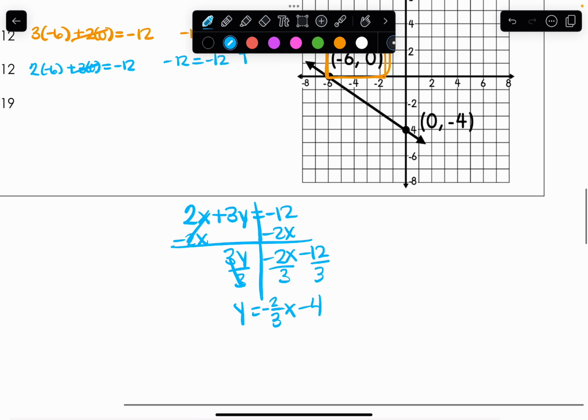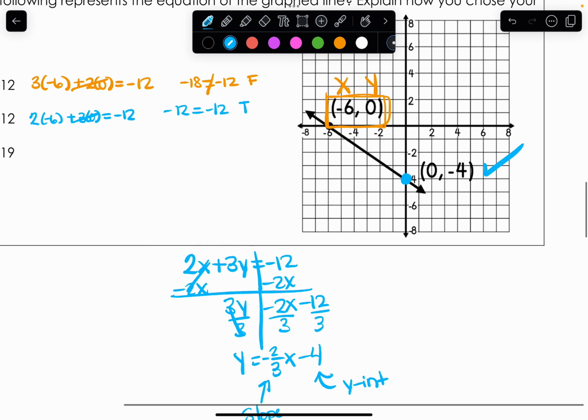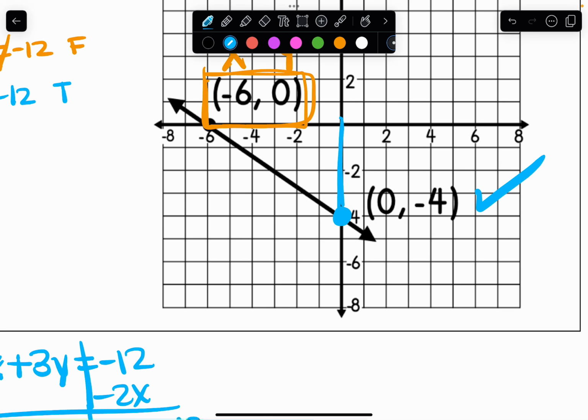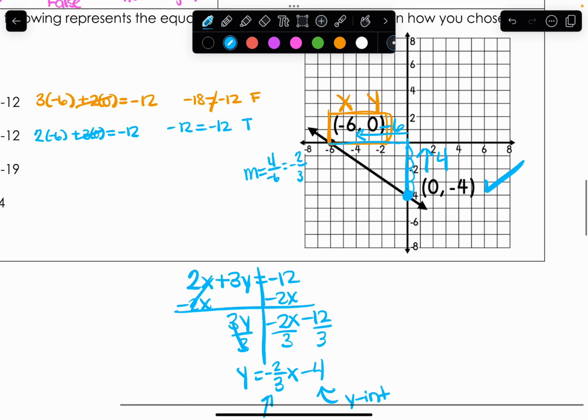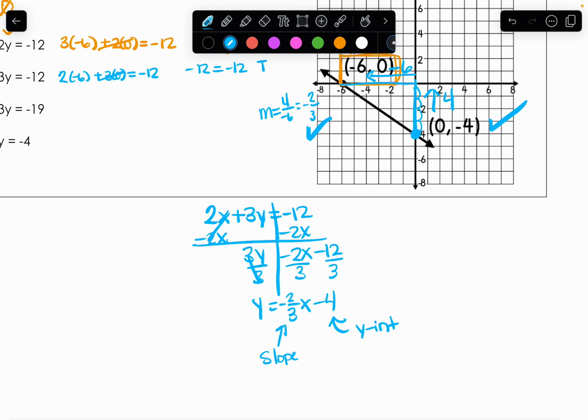Well, it tells you that the y-intercept is negative 4, which is correct, and that the slope is negative 2/3. So let's find the slope of this line. My rise, 1, 2, 3, 4, and my run is backwards, so you run negative 6. 4 over negative 6 also simplifies to negative 2/3, which checks out as well. So yes, this does match that graphed line.